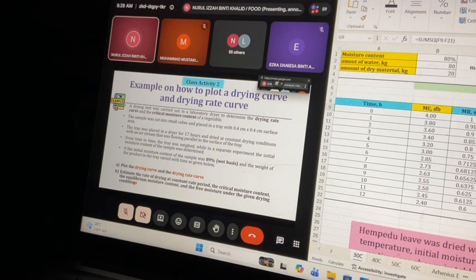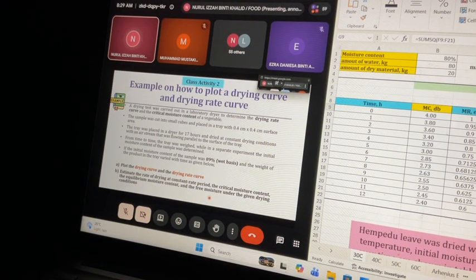Then identify the equilibrium moisture content, the point where there is no more water removal, and the free moisture content, for which you have to use the formula. We are going to see step by step how to get these.